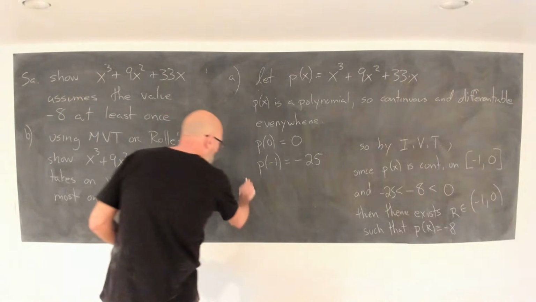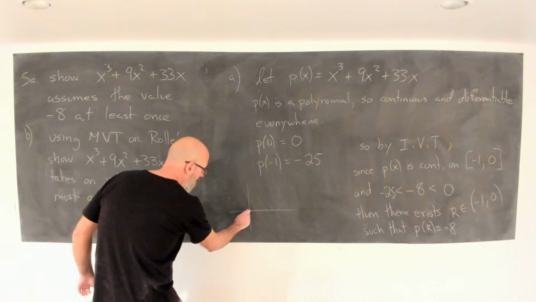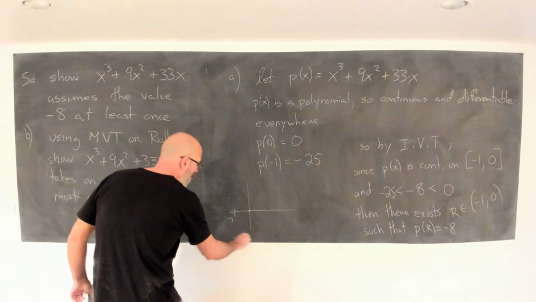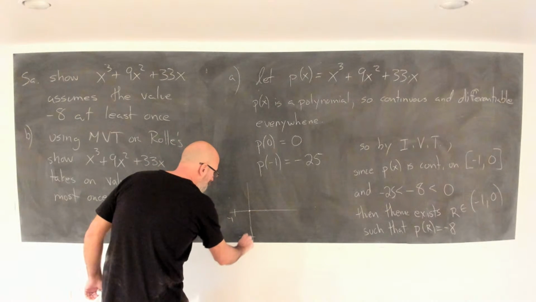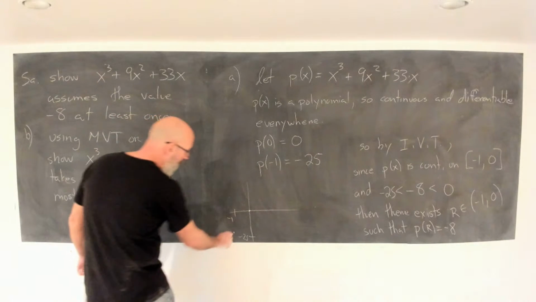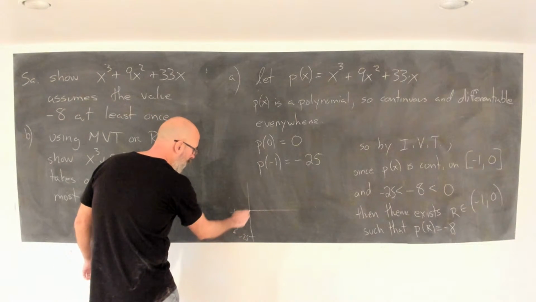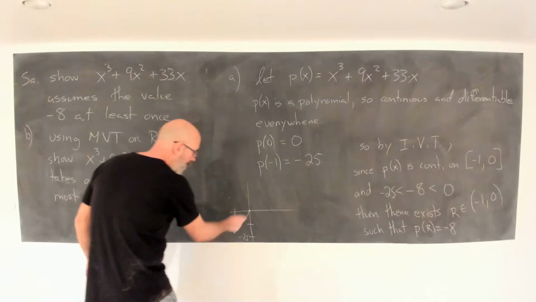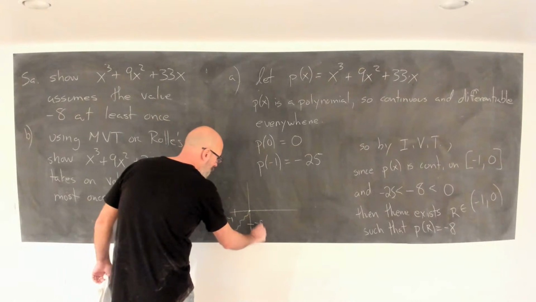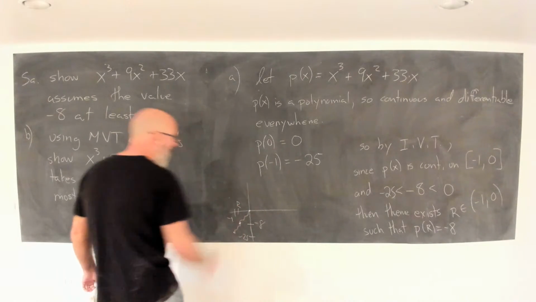I mean, from the graph, you know what's happening, right? At 0, you're at 0. At -1, you are at -25. So you're right here, and whatever happens, to get from -25 to 0, since your function is continuous, it has to be -8 somewhere. This is your value of r.